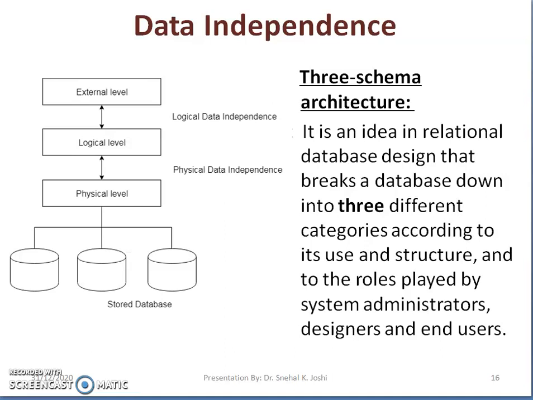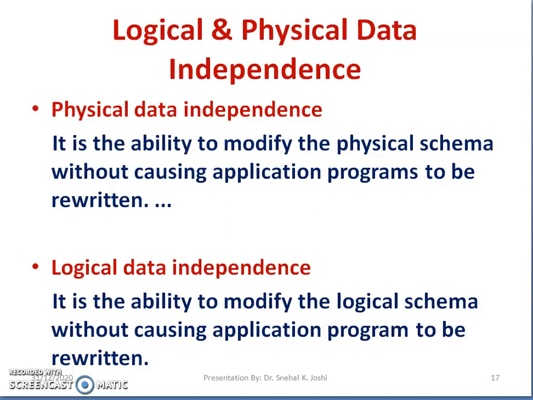Between external level and logical level is the logical data independence, and between logical level and physical level is the physical data independence. These three categories are according to its use and structure, and to the roles played by system administrators, designers, and end users.